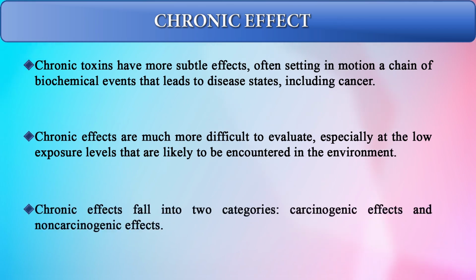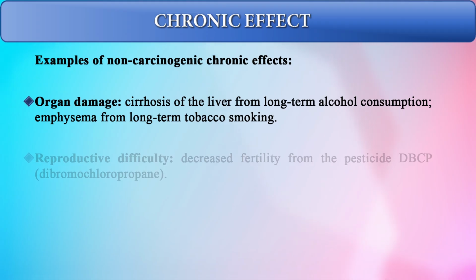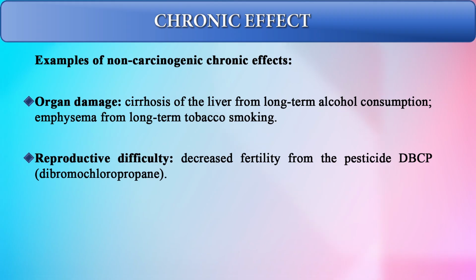Chronic effects fall into two categories: carcinogenic effects and non-carcinogenic effects. Examples of non-carcinogenic effects are organ damage, reproductive difficulty, nervous system impairment, etc. Talking about organ damage, cirrhosis of the liver from long-term alcohol consumption, emphysema from long-term tobacco smoking leads to organ damage. Likewise, decreased fertility from a pesticide, for example DBCP, is reproductive difficulty.